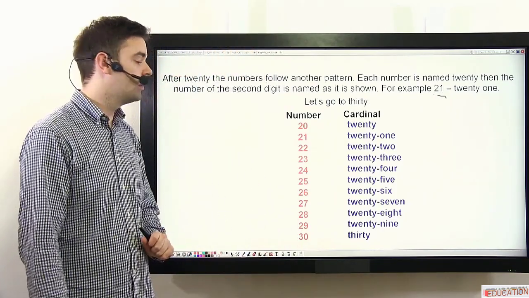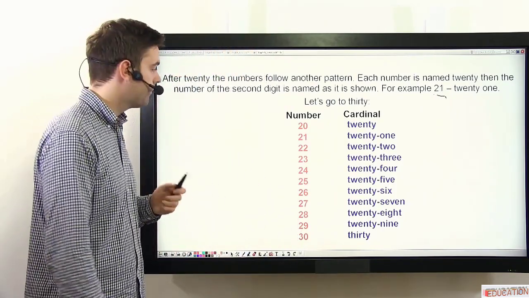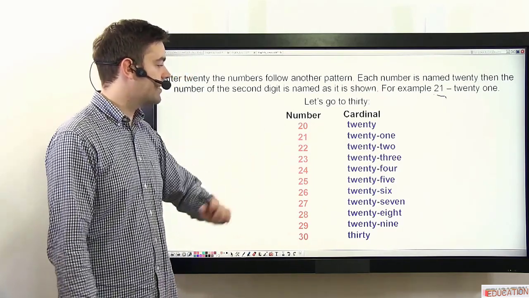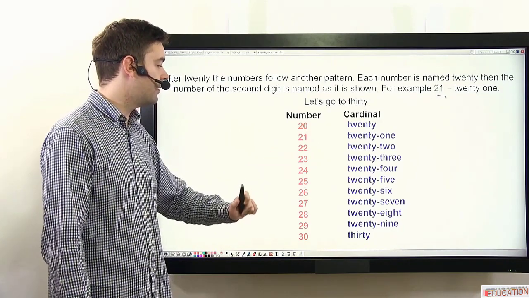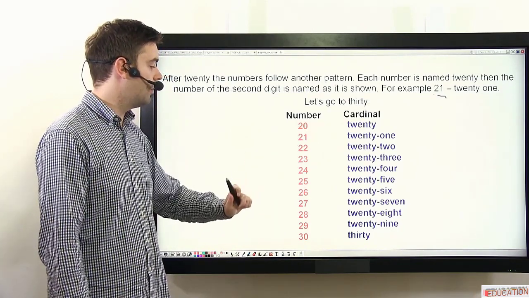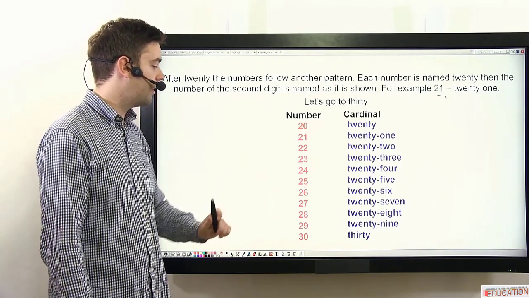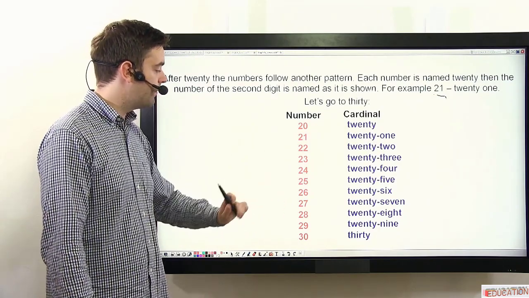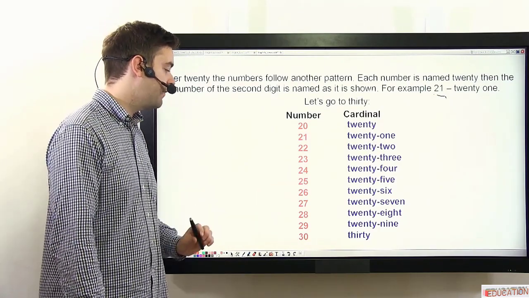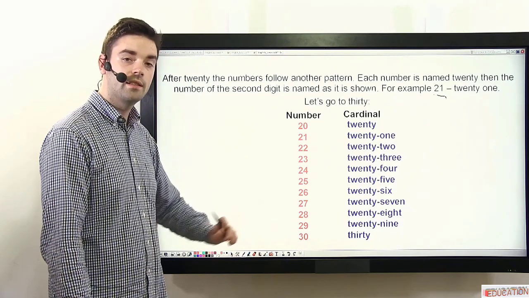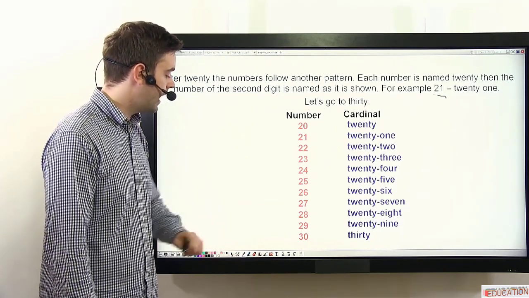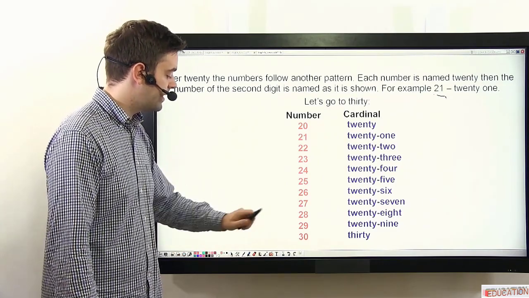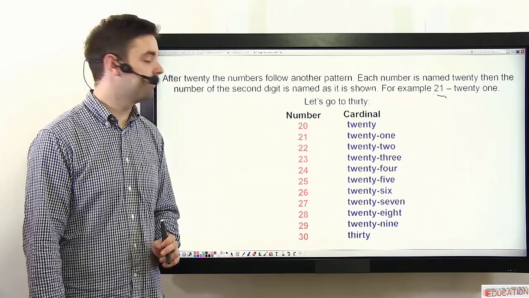So let's count to 30. 20, 21, 22, 23, 24, 25, 26, 27, 28, 29, and 30.